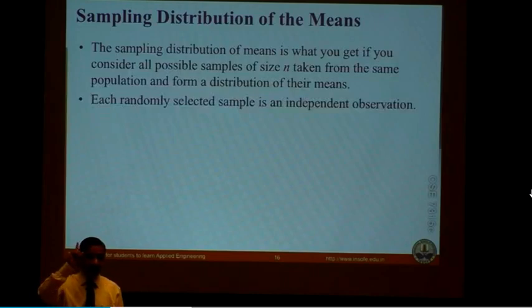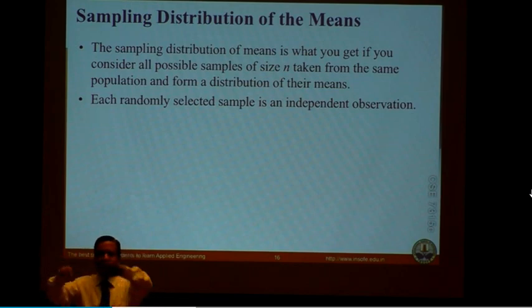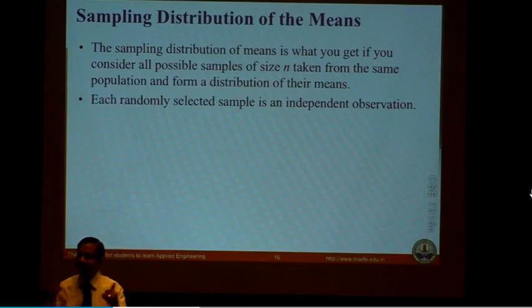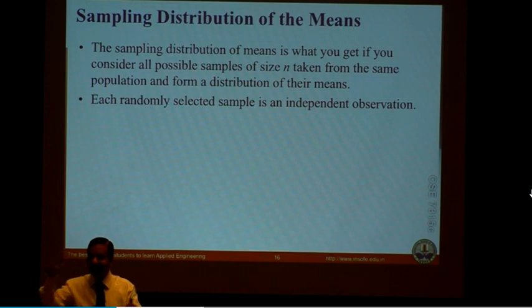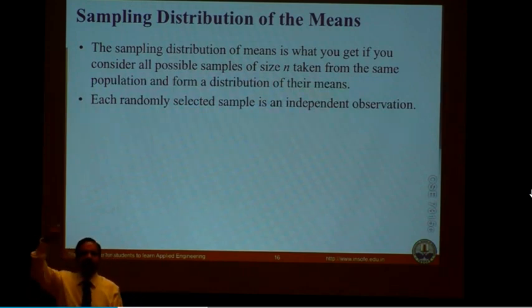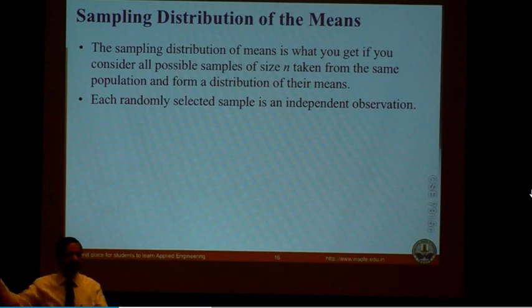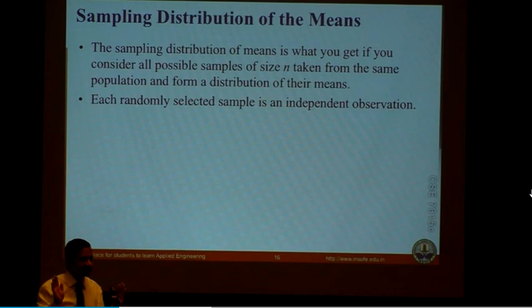I have to ensure that every sample that I take has the same sample size. Now I take another sample. One from here, one from here, one from here. I get another mean. I've already taken 6 people's data, but I have now calculated 2 means. Each sample had 3 people. Okay? So 2 means. Like that, I keep on calculating the means. A distribution of those means is what sampling distribution of means is.